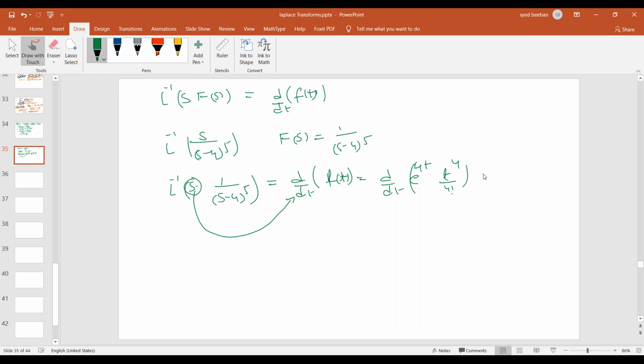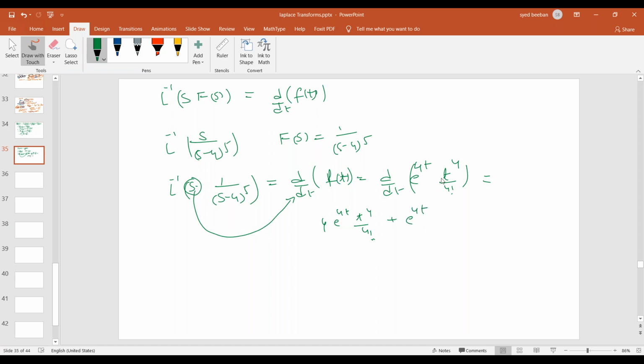For further, in terms of t I required, differentiate this d by dt of something. Means if you differentiate, I have to eliminate this d by dt, it's completed. So using the uv formula here: e power 4t differentiation is 4 times e power 4t into t power 4 by 4 factorial plus e power 4t kept constant.